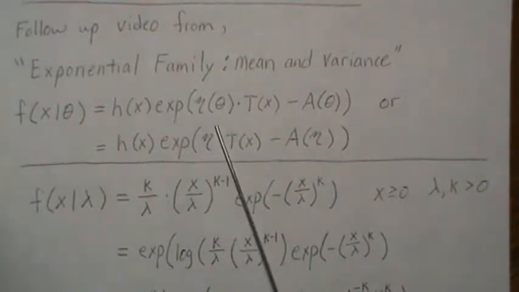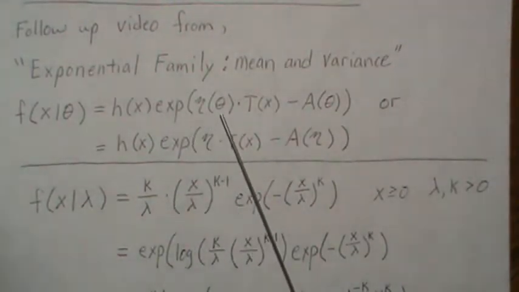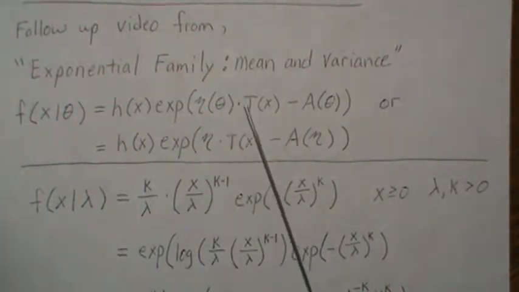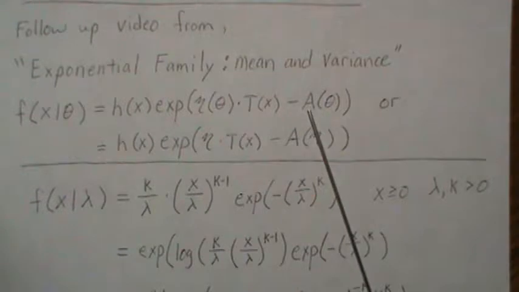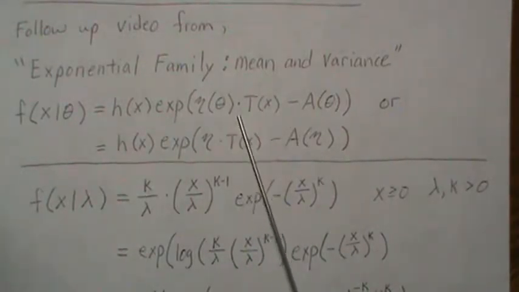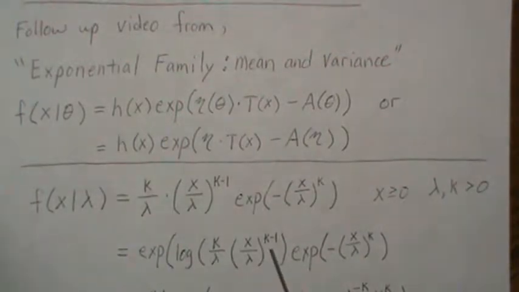Now we start thinking about a function of the x's, a function of the parameters, sufficient statistics, so like some sort of multiplication, and then a function of the parameters by itself. And so here we have lambda and x, and it's kind of a multiplication, so it's probably going to be part of that. The lambda here raised to the k can be thought of as lambda to the k if you combine those. And then you have x by itself.